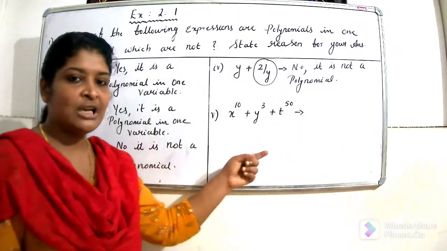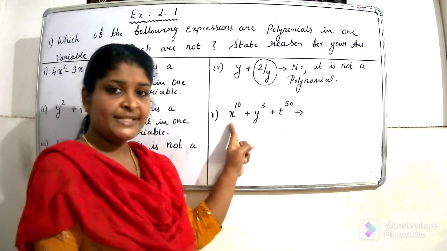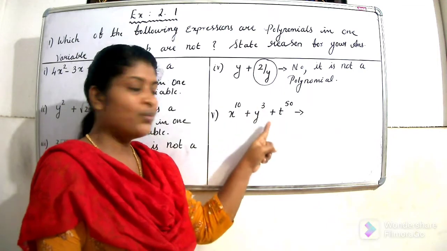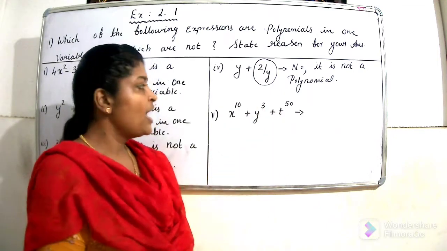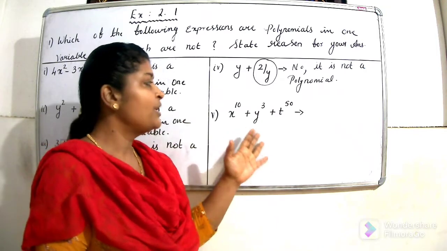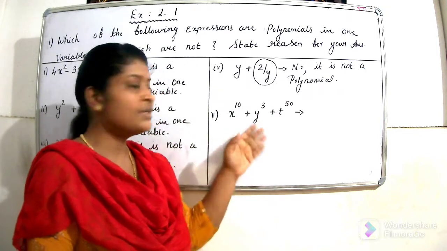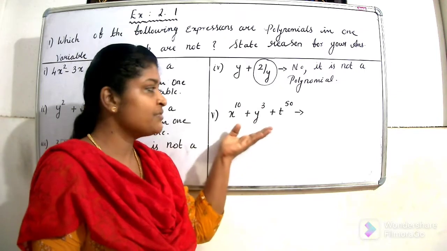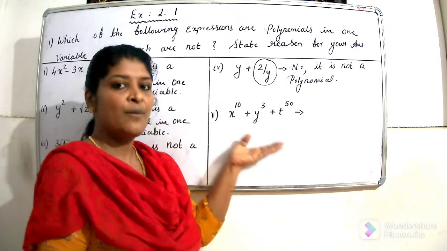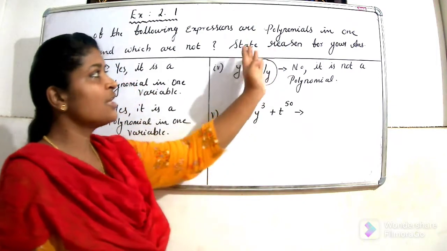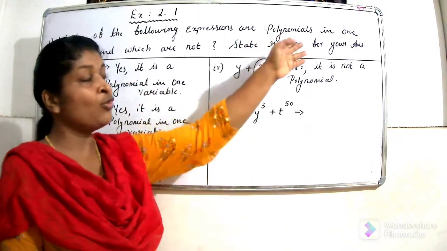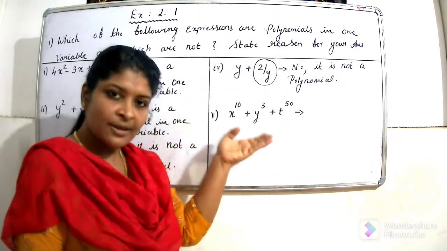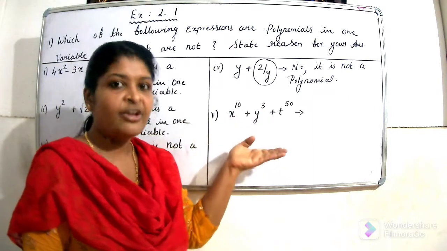Now come to the last question. X raised to 10 plus y cube plus t raised to 50. It is a polynomial, but it does not have one variable. It has 3 variables, so we can say it is a 3 variable polynomial. Here they ask whether it is a polynomial in one variable. This is a polynomial, but it does not have one variable.